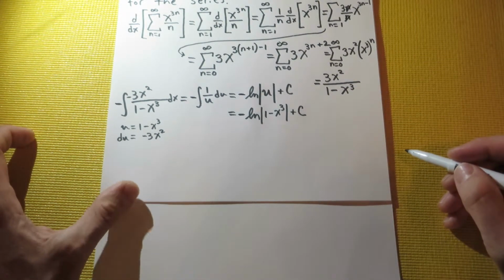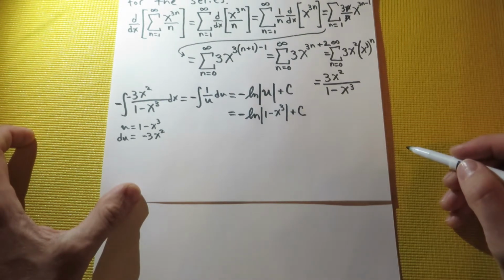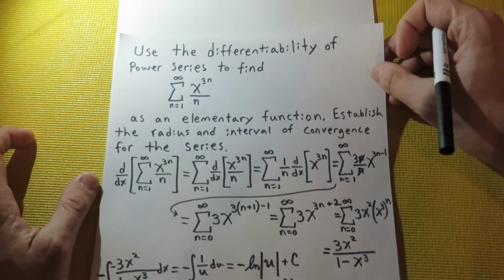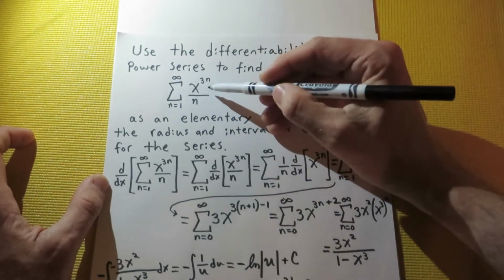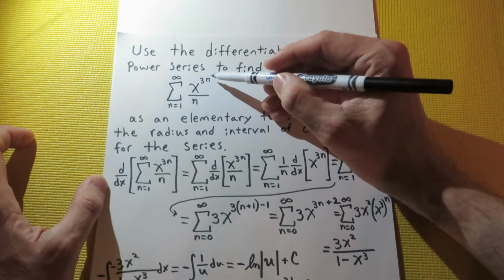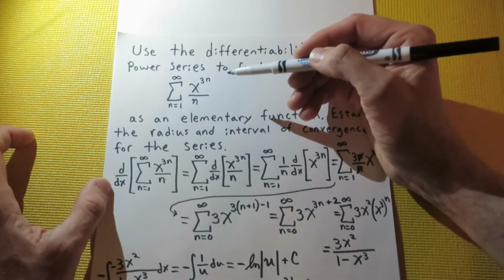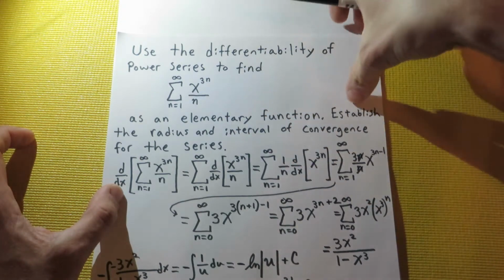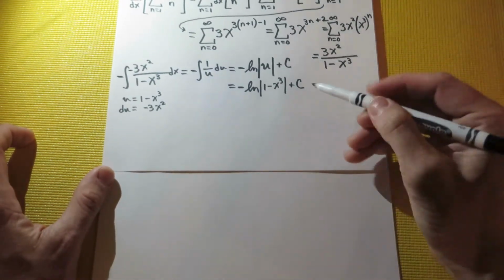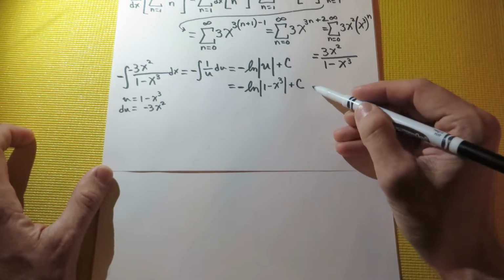So when we take the integral, when we take the series that we've started with here, the sum from 1 to infinity of x to the 3nth power over n, we know that that is going to be equal to this.